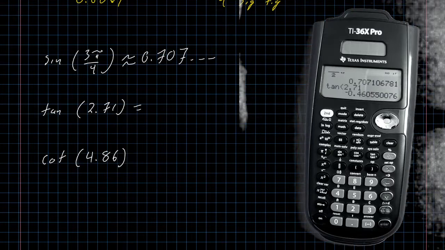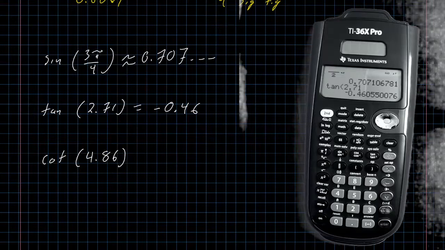Well, my rule says that when I'm rounding the result of a trig function where the angle was given in radians, I count the number of digits after the decimal point, and that's the number of significant figures. In this case, I've got two digits after the decimal point, so two significant figures is negative 0.46.